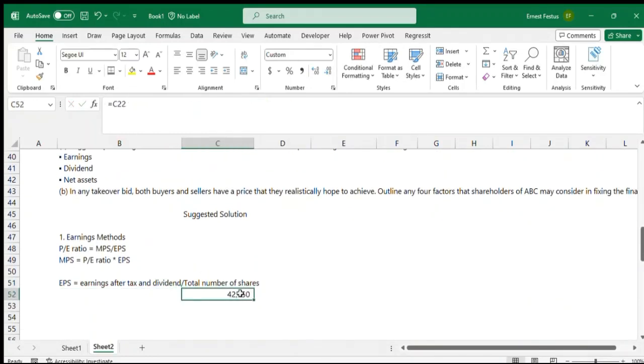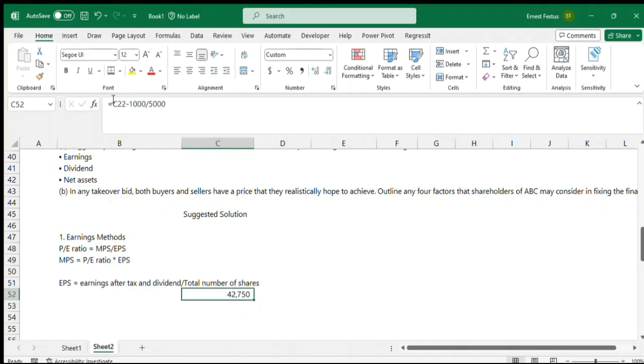So we'll subtract the $1,000, and that gives us 41,750. Now we divide this by our total number of shares to get our earnings per share. So I'll divide that by 5,000.